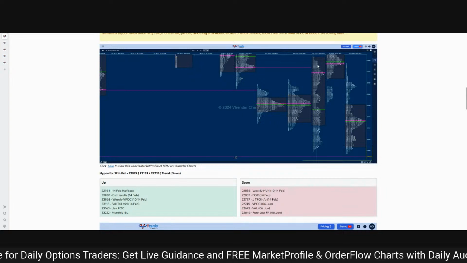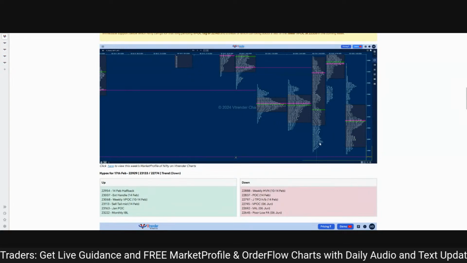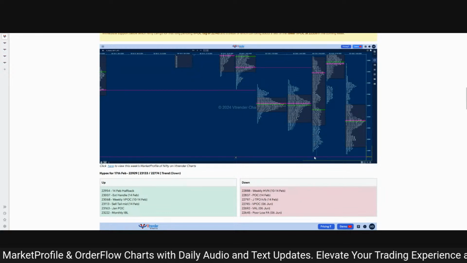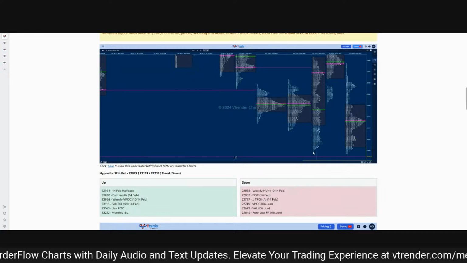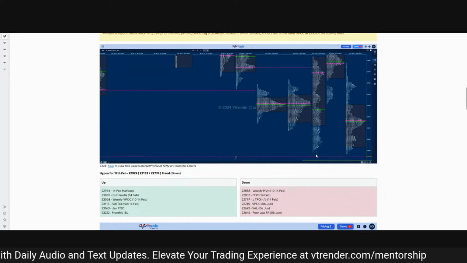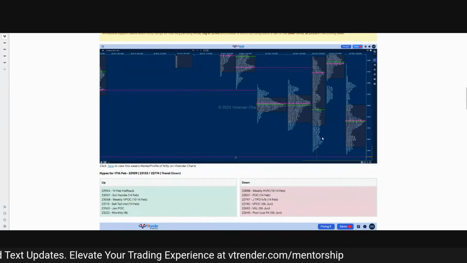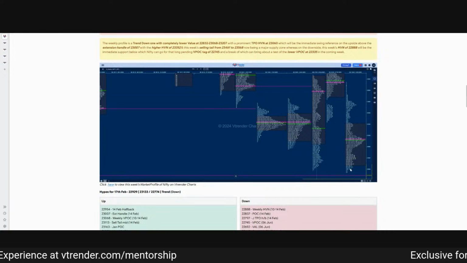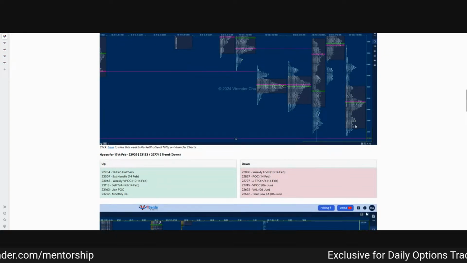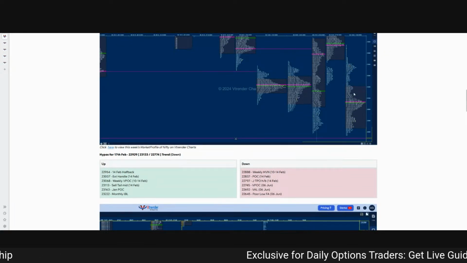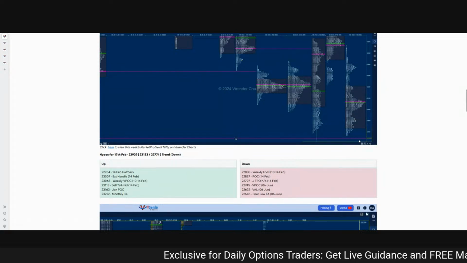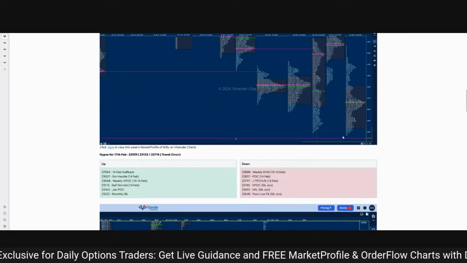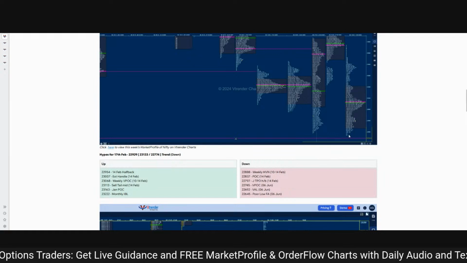In the week from 27th January to 1st February, when we made these lower lows, we were looking for a test of this, but what we got was a failed auction on the weekly time frame at the 22798 level, and from there we went on to get this bounce. And so this week, because we had a trend down week with completely lower value, it was inevitable that this VPOC get tagged, and we would have to see how we reacted at this VPOC.